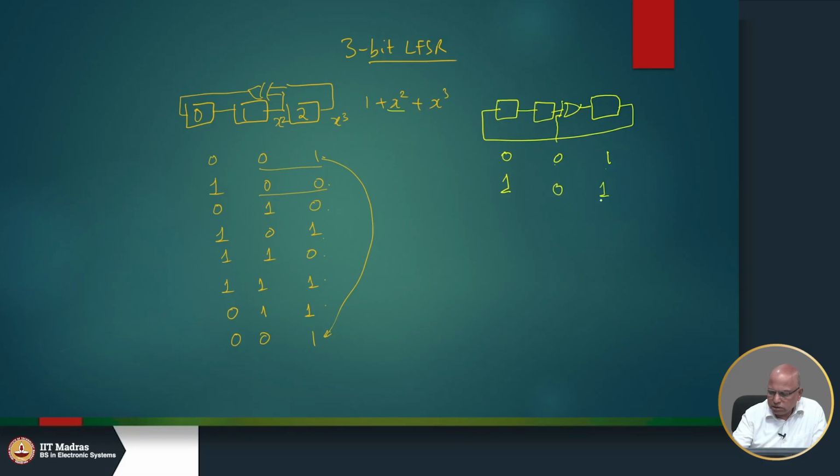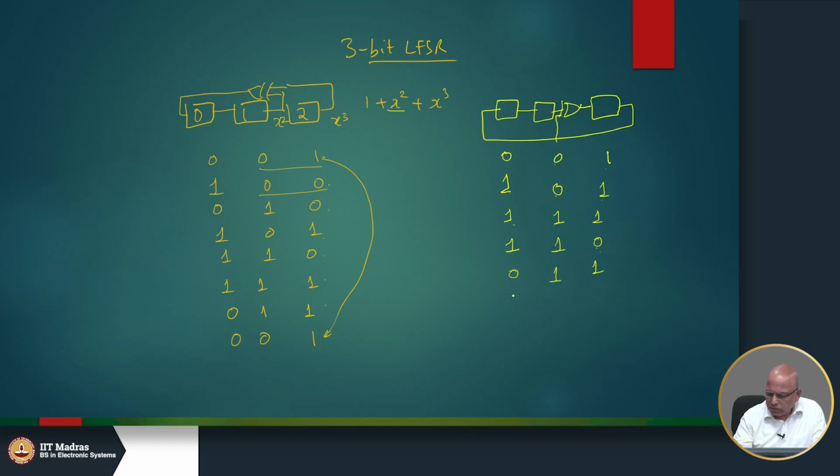In the next clock cycle this 1 will come here, the XOR of these two will come here, and this 1 will come here. In the next one, this 1 will come here, the XOR of these two will come here, and this will come here. This 0 will come here, the XOR of 1 and 0 will come here, and this 1 will come here.